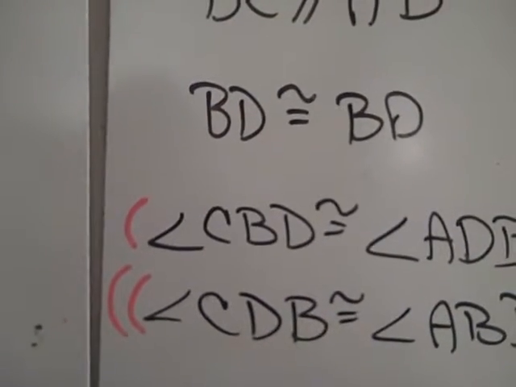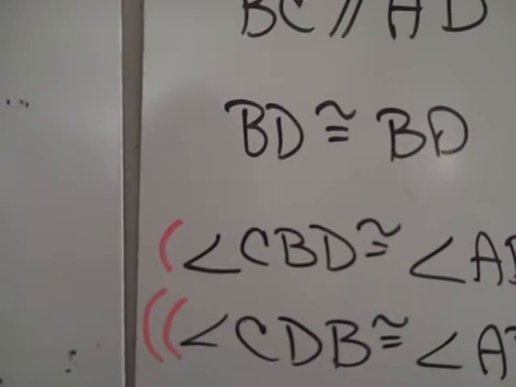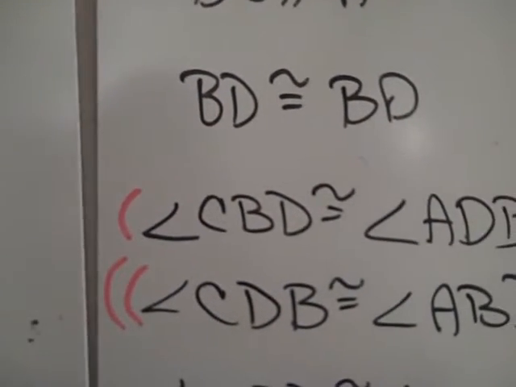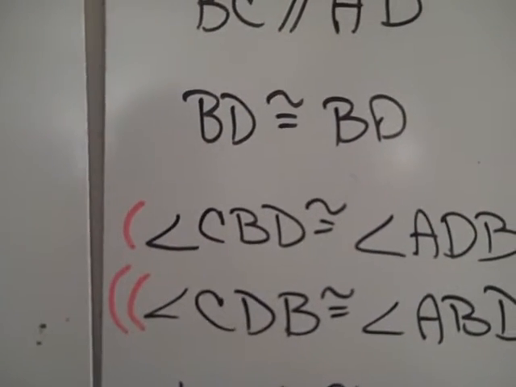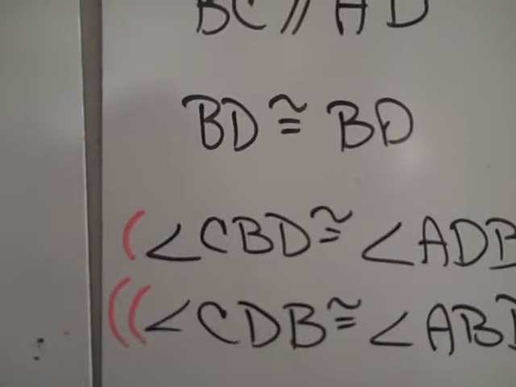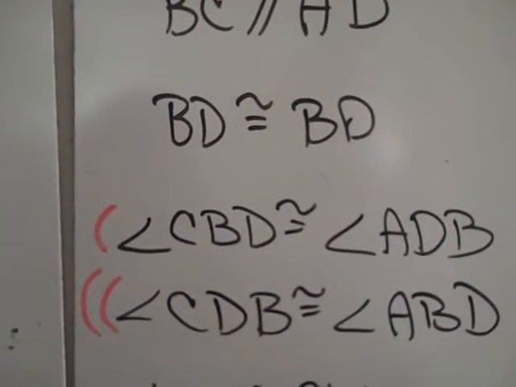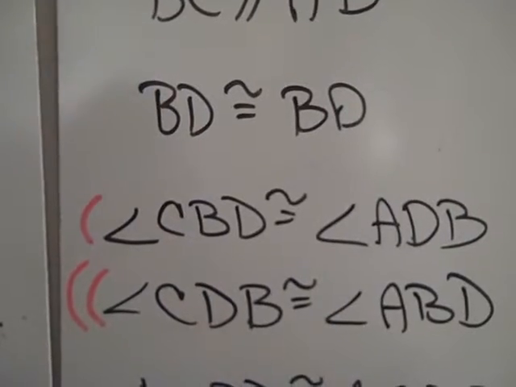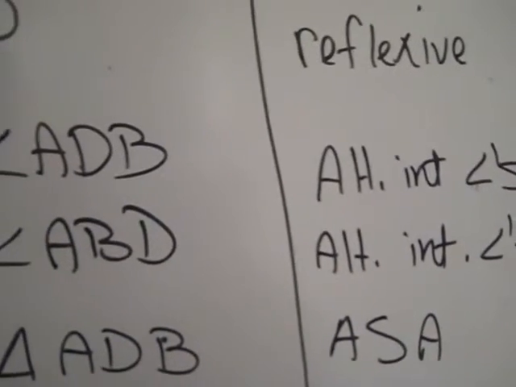Since the points that create the reflexive side are also the vertices of your angles, that means that your 2 triangles are going to be congruent by angle, side, angle.